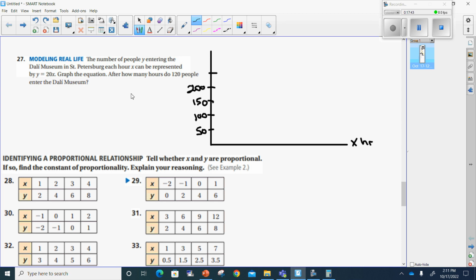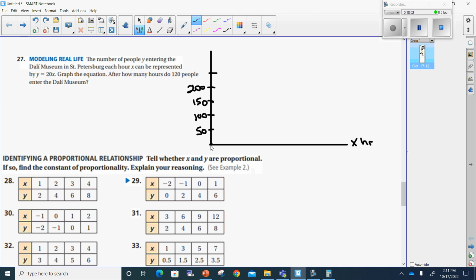And let's see, since we're talking about time here, I'm going to make this into hours. Remember, 20 over 1, and it doesn't have anybody starting to come in at the beginning, which means this is proportional.